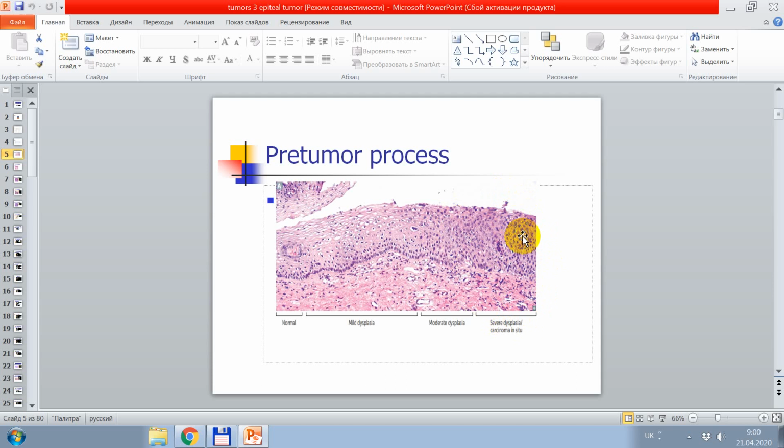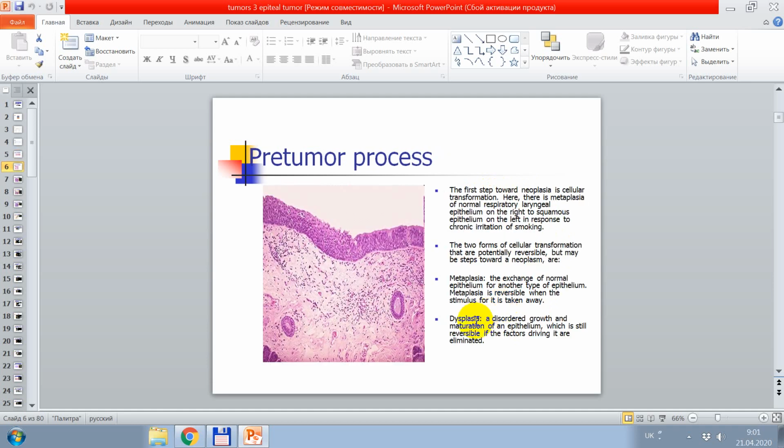Sometimes this process can be named carcinoma in situ.